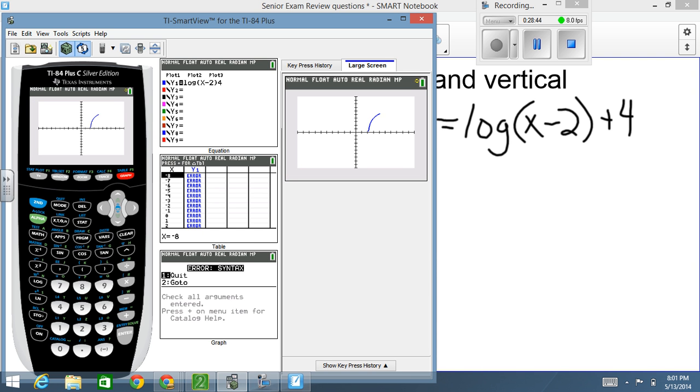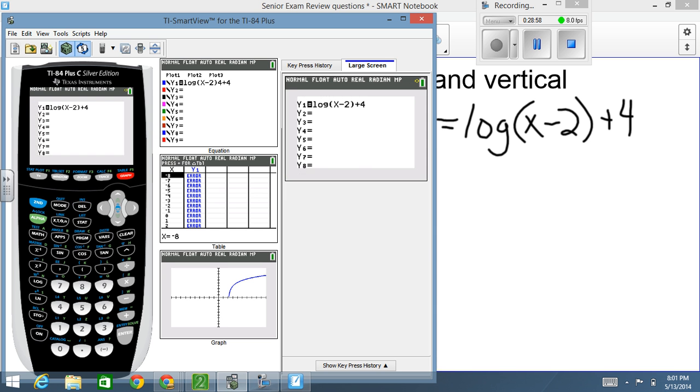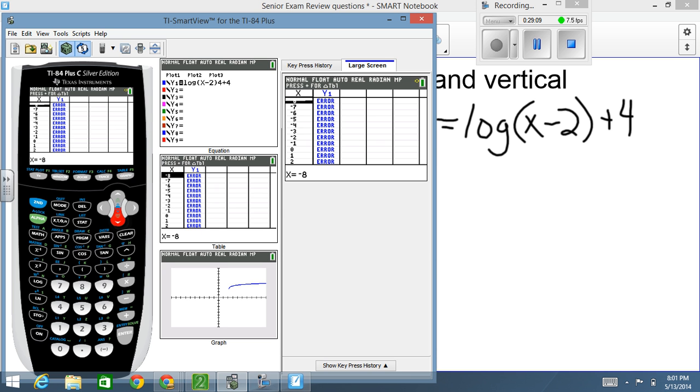Struggling. Not 4 + 4, just +4. Delete. There we go, +4. That's what I'm searching for there. Okay, so here's my graph. If you look at your table, you'll see a whole bunch of errors, as you should, because the graph stopped.